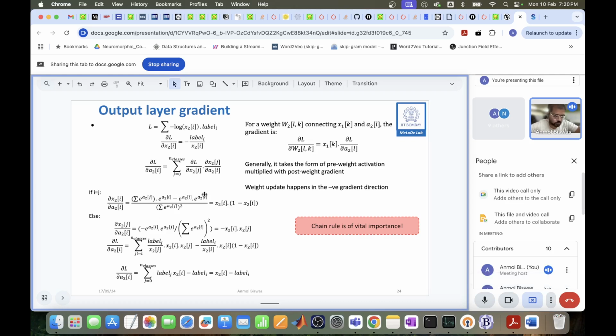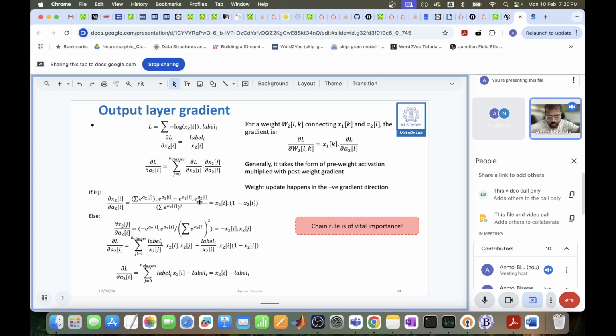And then if you simplify this numerator a little bit, essentially what you will get is x2 of i multiplied by 1 minus x2 of i. 1 minus x2 of i is nothing but e to the power a2 of i divided by the summation.